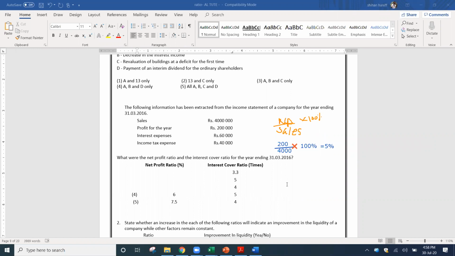What is interest cover? Interest cover means from the profit, how many times you can cover up the interest expense. And what is the answer for that?